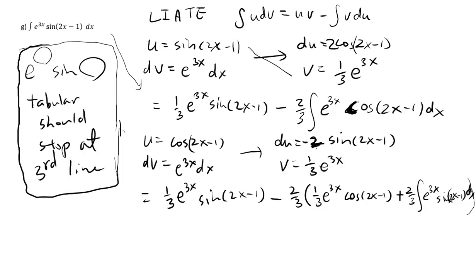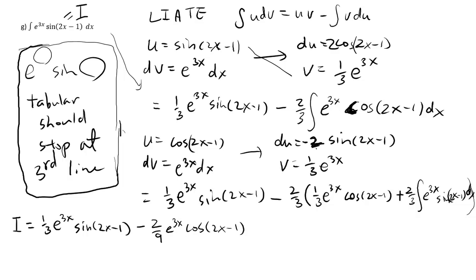At first it seems like this is just going around in circles, but actually something is indeed happening. If you put this integral as I, then what we found out is the following fact, that I is the same as 1/3 e to the 3x sine of 2x minus 1, minus 2/3 times 1/3 is 2/9, 2/9 of e to the 3x cosine 2x minus 1.